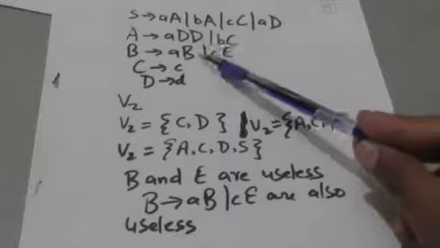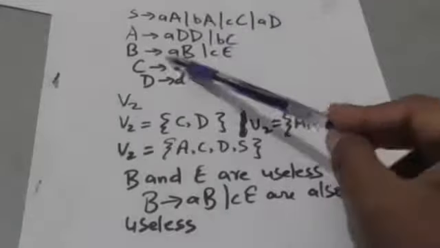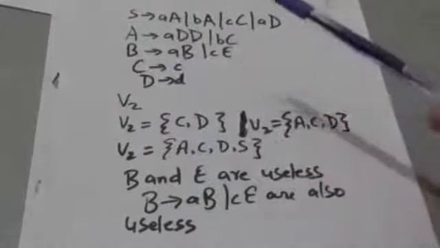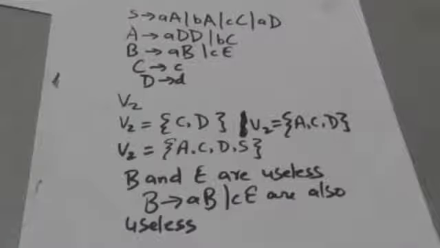So the production B derives AB and B derives CE should also be removed. After performing step 1, right, we will perform step 2.